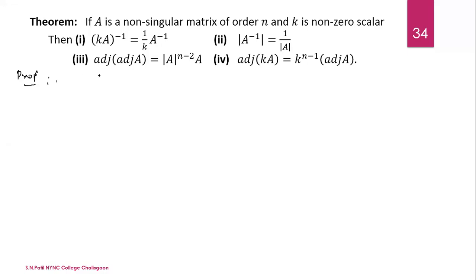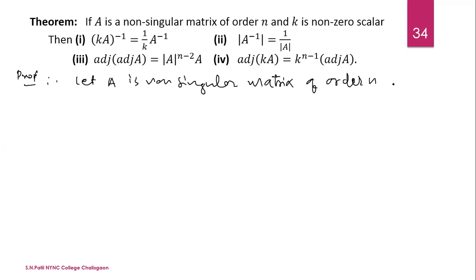Since A is a non-singular matrix of order n and K is a non-zero scalar.